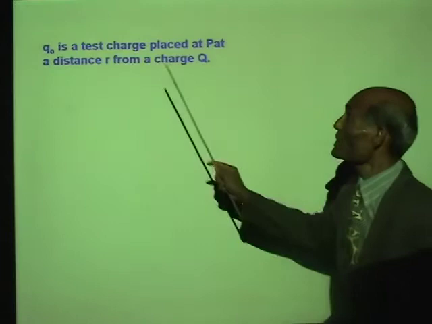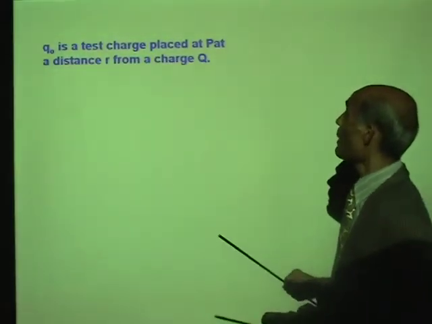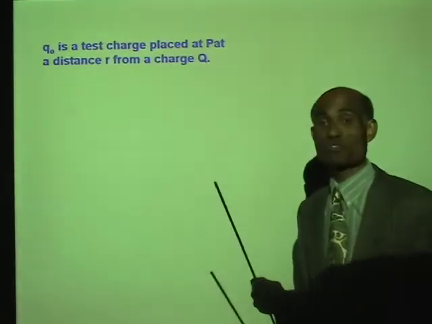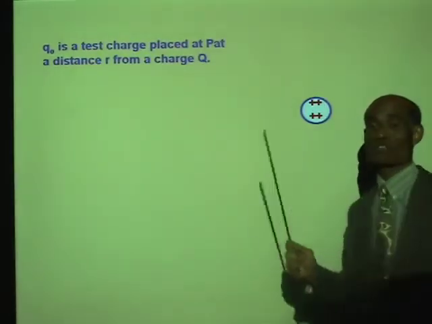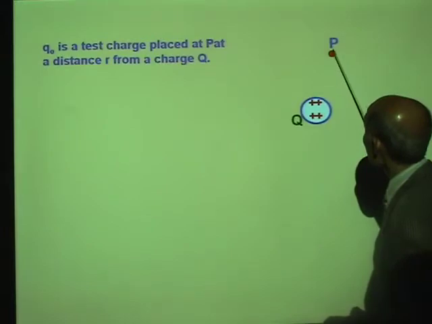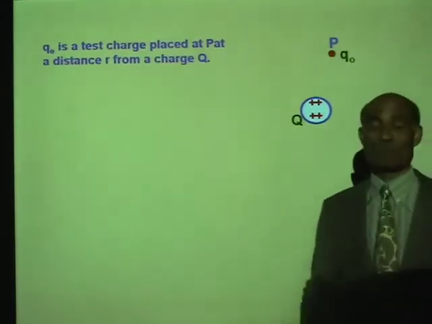Now, let's say Q0 is a test charge placed at a point P, a distance r from a charge Q. This is a charge Q, say positive charge, and I have a point P where I'm going to place a test charge Q0.